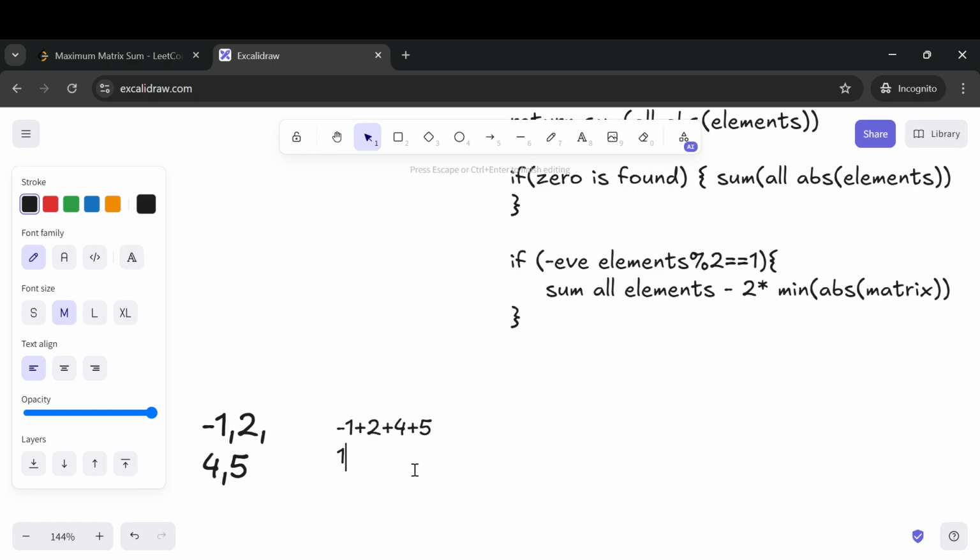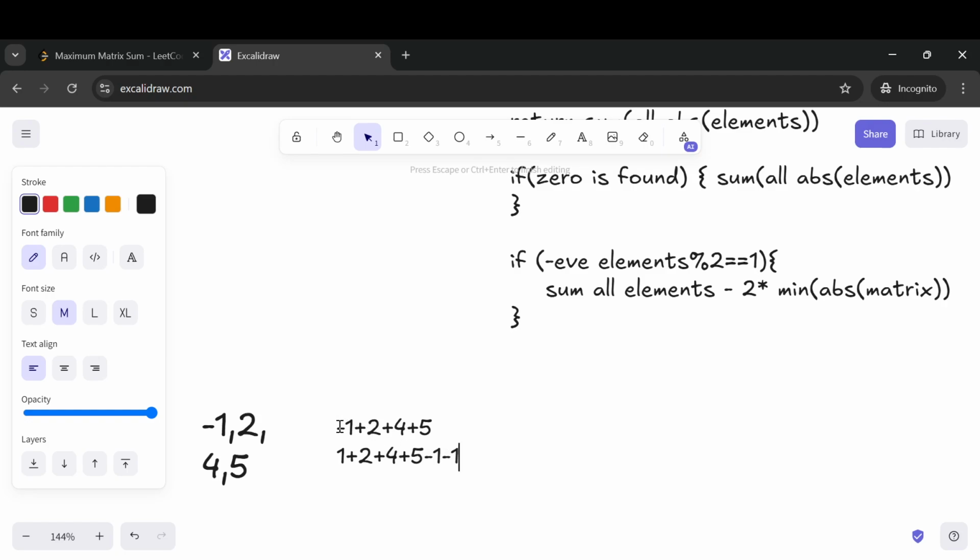Then the summation will be 1 plus 2 plus 4 plus 5. And if you want to convert this result into the actual result, what you will need to do is subtract a minus 1 and again subtract a minus 1. Because here it's quite explanatory. You can see here as well.